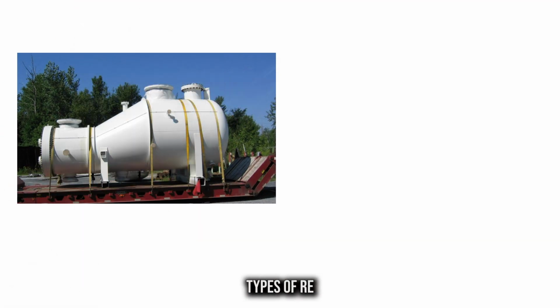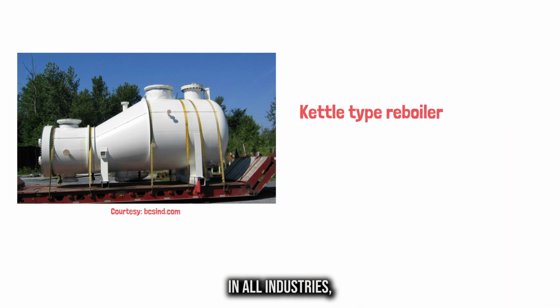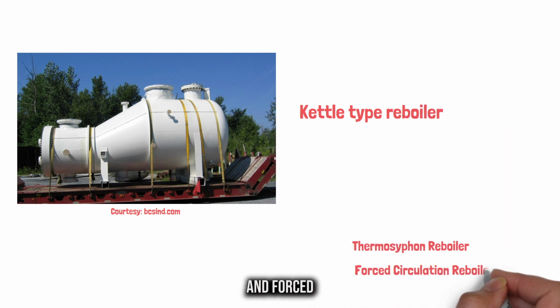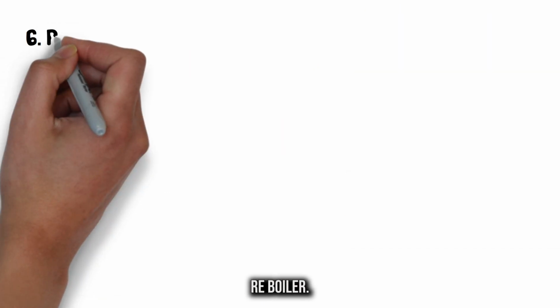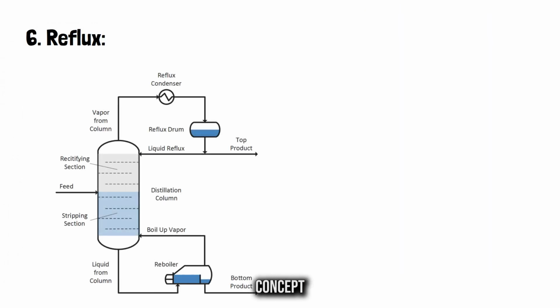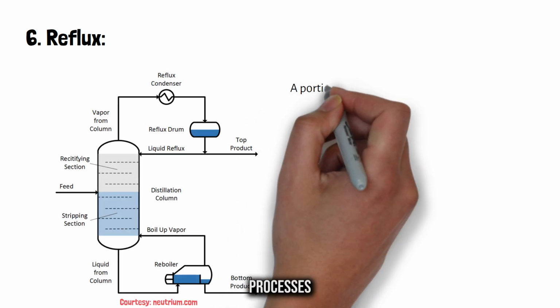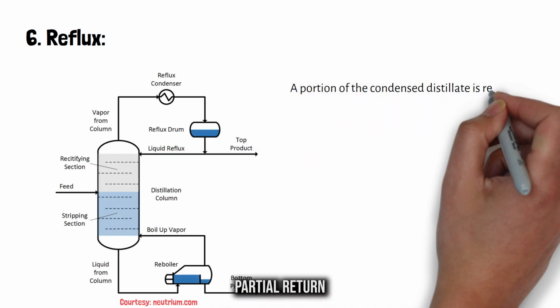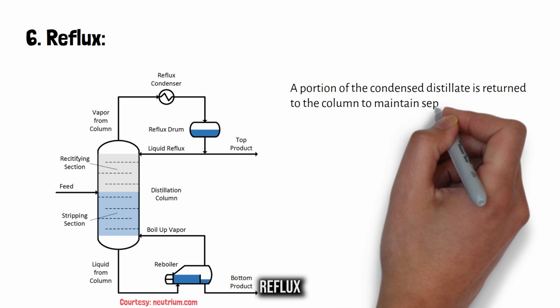Kettle-type reboilers are most commonly used in all industries, but there are two more types: thermosiphon reboilers and forced circulation reboilers.